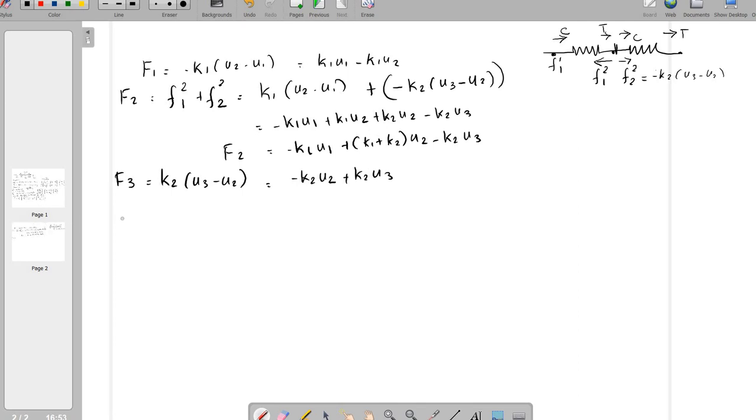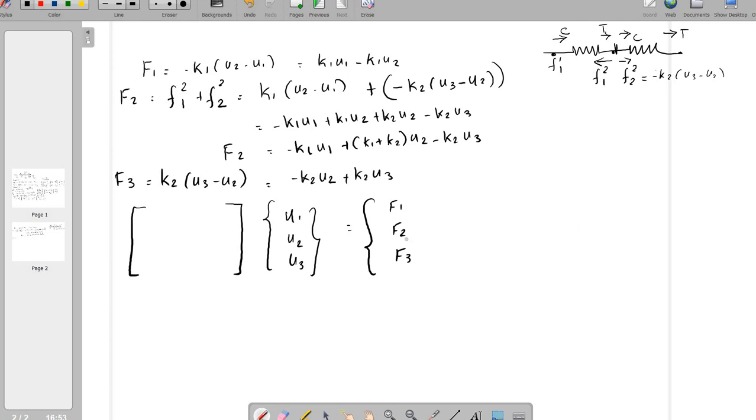So now we are going to form the global stiffness matrix. We have to consider the order U1, U2, U3 and the force vector F1, F2, F3. F1 and F3 do not change, but F2 is the summation of the force vectors from the first element and the second element.